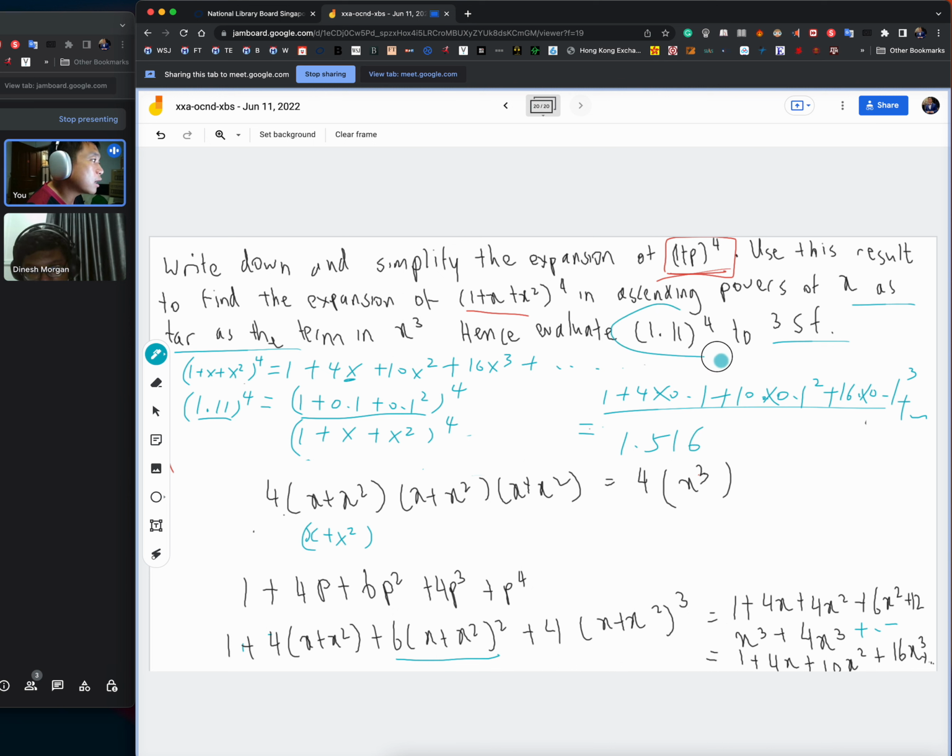Can you just use your calculator to do 1.11 to the power of 4? See if your answer and this answer are the same. Then if they are the same, then you are right. Oh, okay. Yeah, good. So both answers are 1.52, right? Okay, good. So yeah, correct.